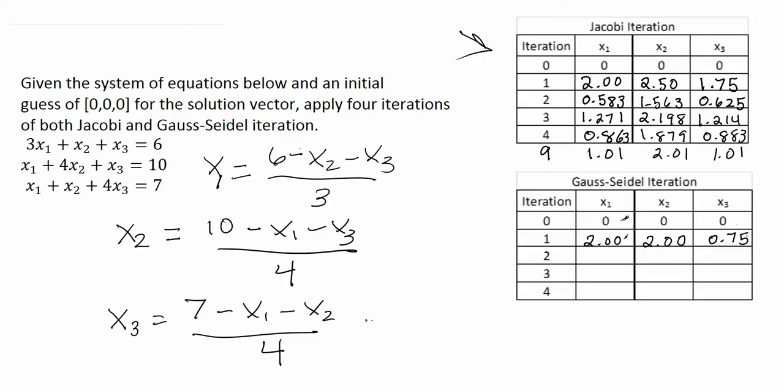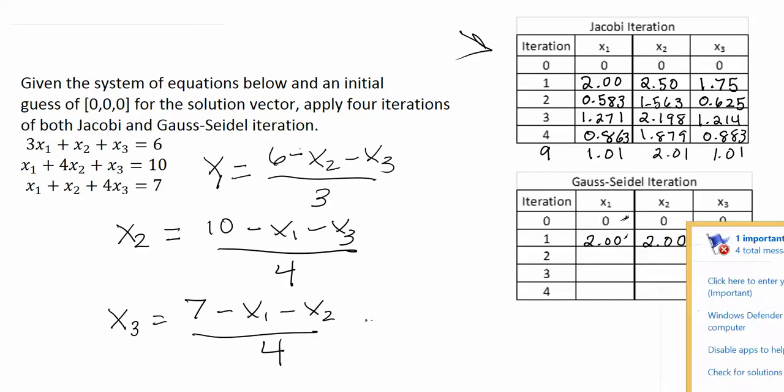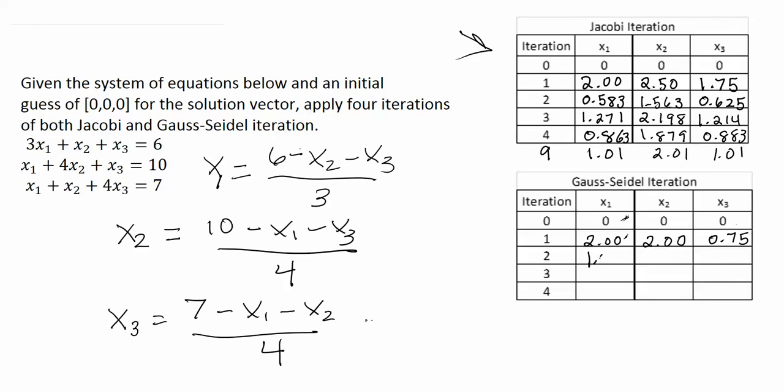Let's try one more application, another iteration. So we have 6 minus 2 minus 0.75, all divided by 3, and I get 1.083. Then I have an updated value for x1, so when I apply the second equation, I have 10 minus 1.083 minus 0.75, all divided by 4, and I get an answer of 2.042.